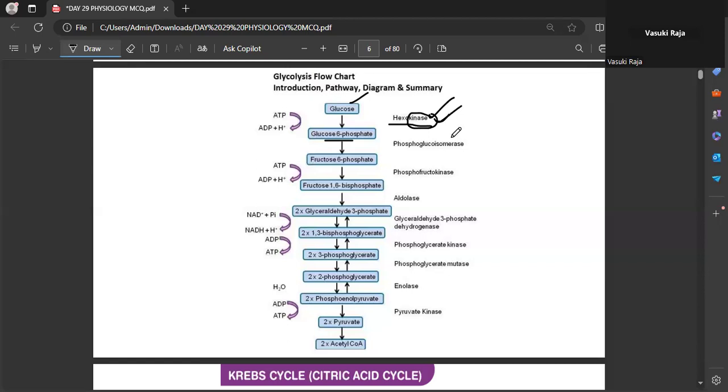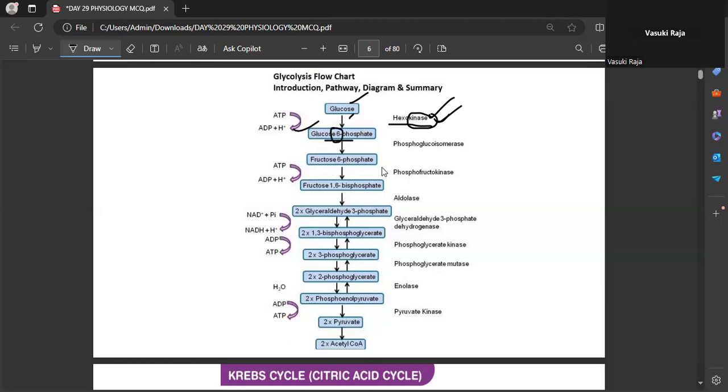That is why, with the use of ATP, the glucose is converted into glucose 6-phosphate. Where is the phosphate group added in this glucose? At the 6th place. That is why the name is glucose 6-phosphate.